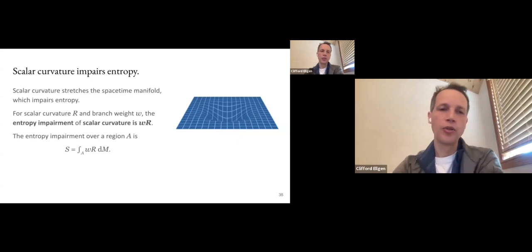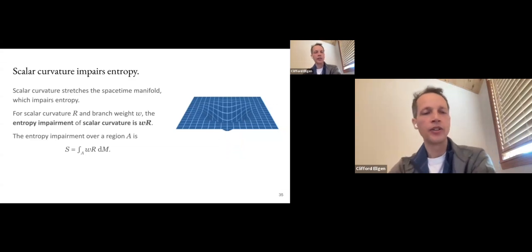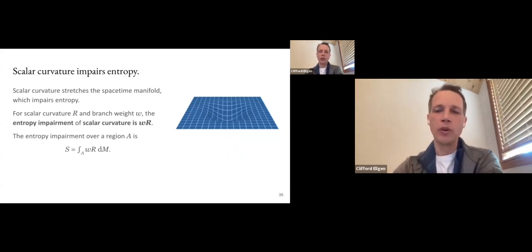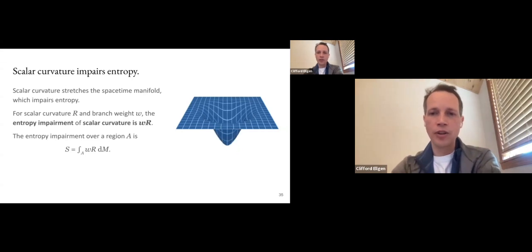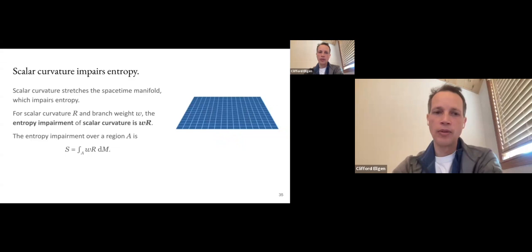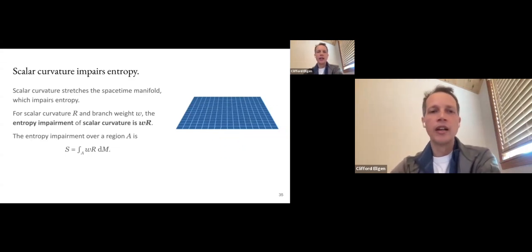In higher dimensions, when we stretch space-time, we're interested in curvature. And so if we have this embedded space-time manifold and we increase its curvature, increasing that curvature increases the volume. Because the branch weight is conserved, the branch weight must go down, but reducing the total branch weight means that we have fewer branches for recombination, which means that we've reduced the entropy of branch recombination.